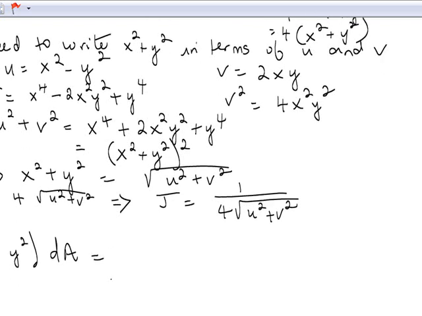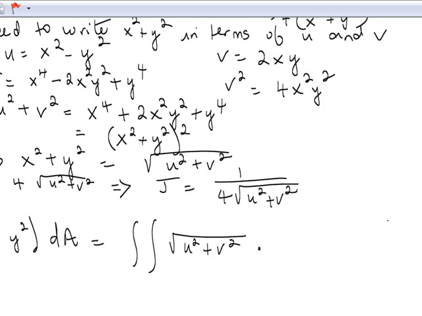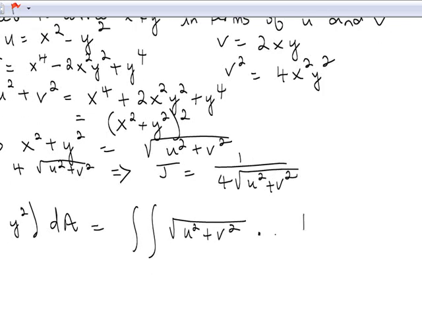Okay, transform. So x squared plus y squared is the square root of u squared plus v squared times the absolute value of the Jacobian, which is 1 over 4 times the square root of u squared plus v squared du dv.